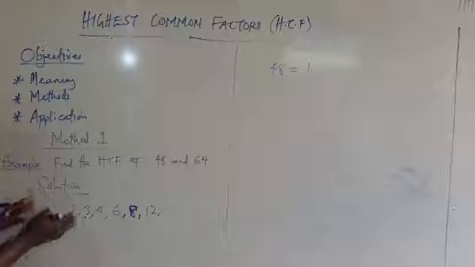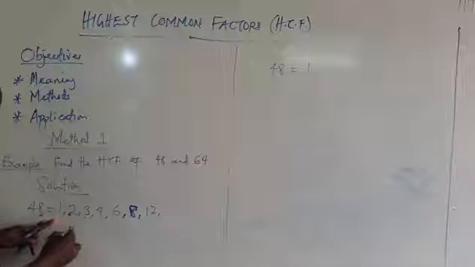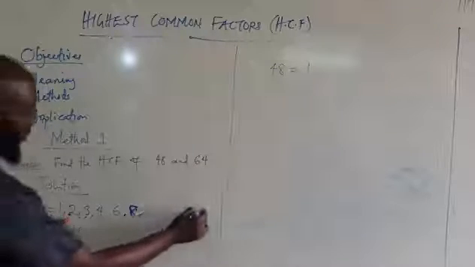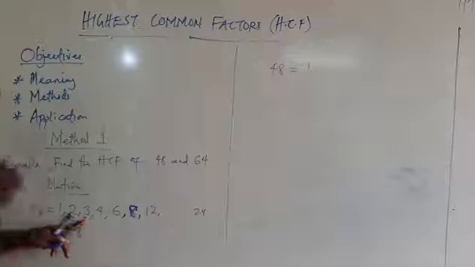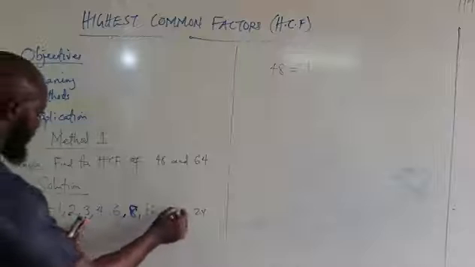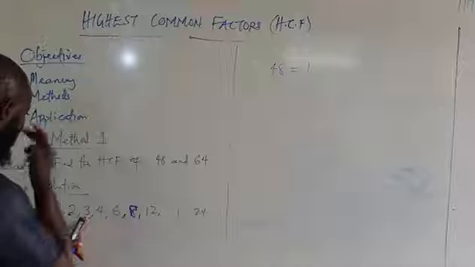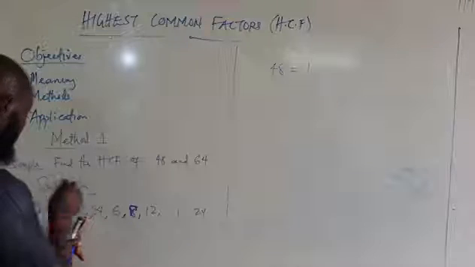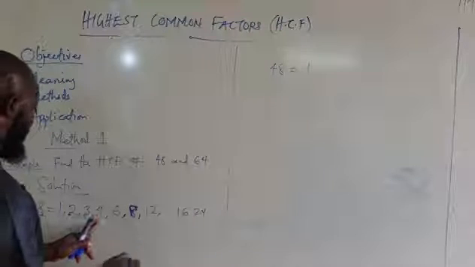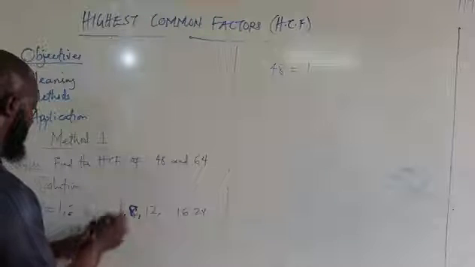So the next thing is just to look at the pairs. 1 and 48. 2 and 24. 3 and 16. 4 times 12 gives 48. 6 times 8 gives 48.